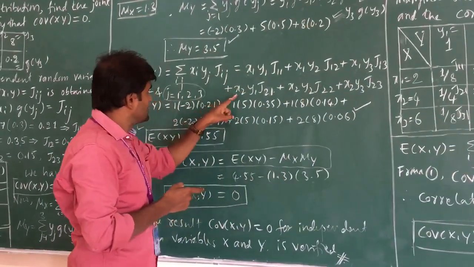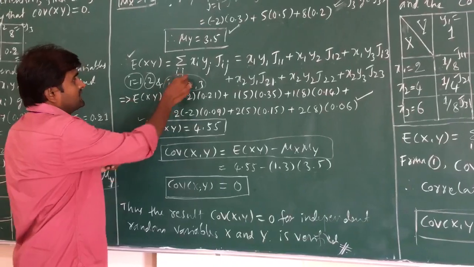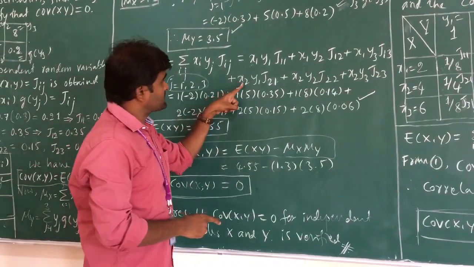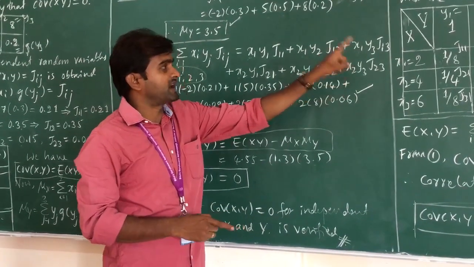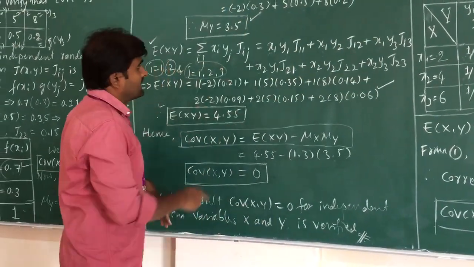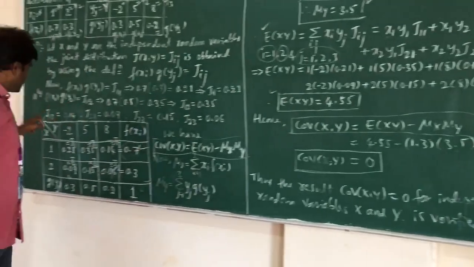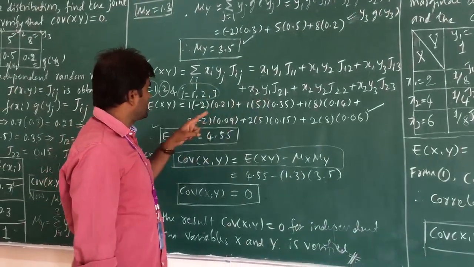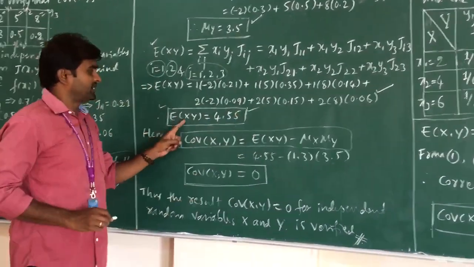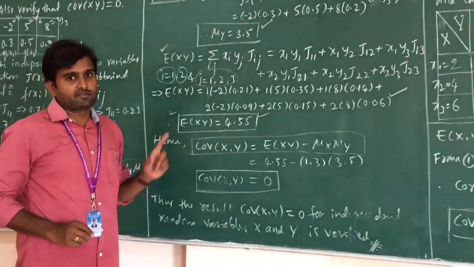Similarly, plus next i is 2 and j is 1 to 3: x2 y1 j21 plus x2 y2 j22 plus x2 y3 j23. Using the joint distribution table values, we get expectation of xy equal to 4.55.